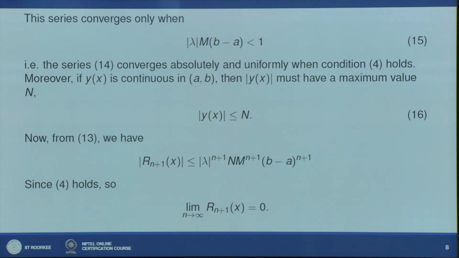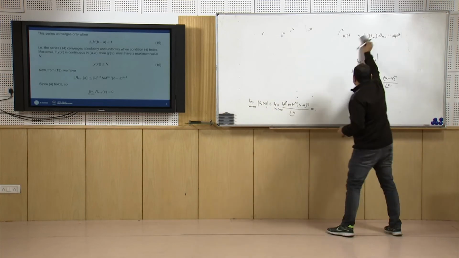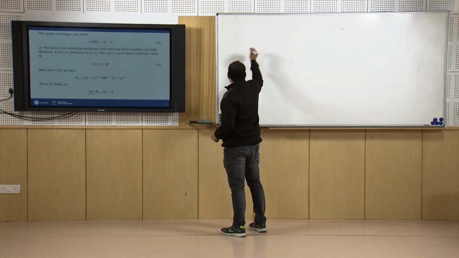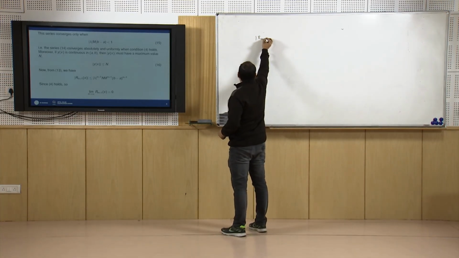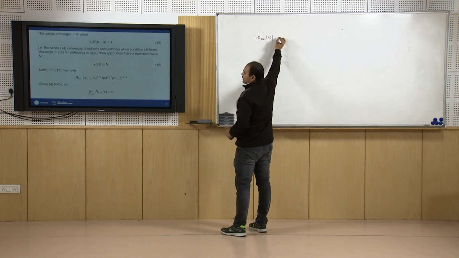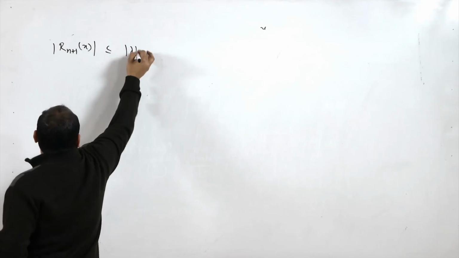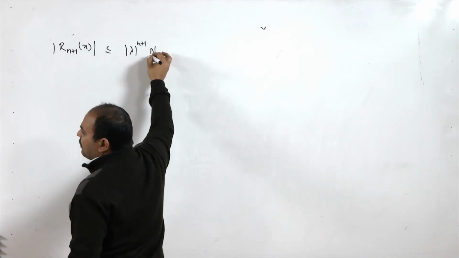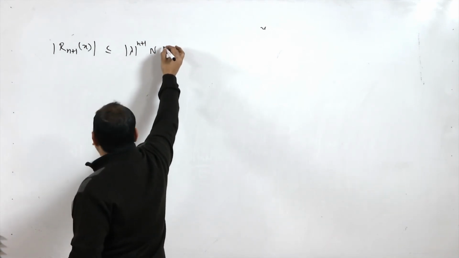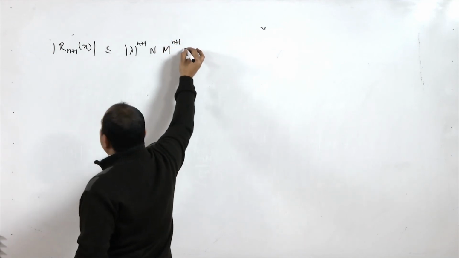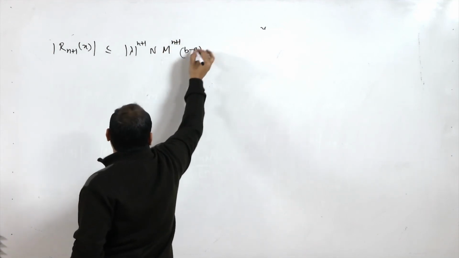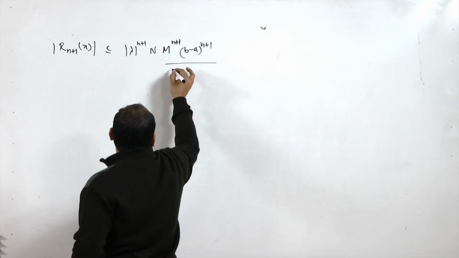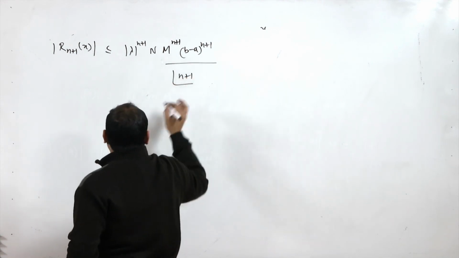Here also we have the upper bound of R_{n+1}: modulus of R_{n+1}(x) is bounded by modulus of lambda to power n plus 1, capital N, the upper bound of y(x), m to power n plus 1, b minus a to power n plus 1, divided by factorial n plus 1.